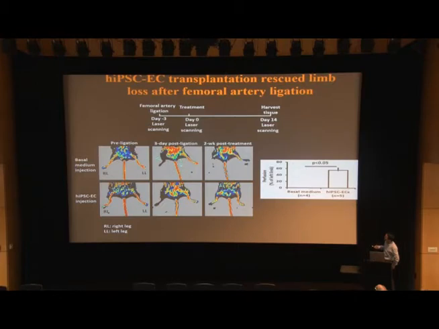On that day, we inject either basal medium or human endothelial cells. We found that at 2 weeks after treatment, the animals that did not receive endothelial transplant had total limb loss. However, the animal limbs that received the endothelial injections had reconstruction of perfusion, almost 50% normalized to the left limb.